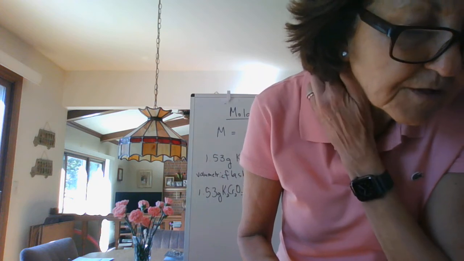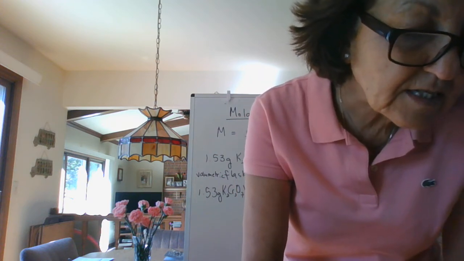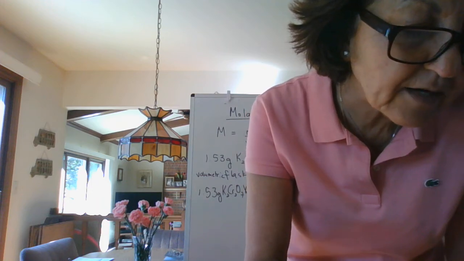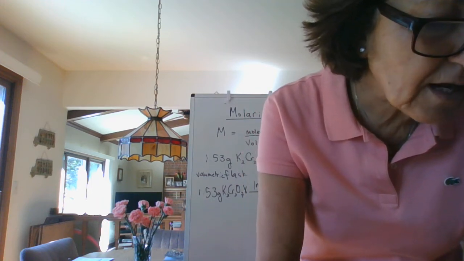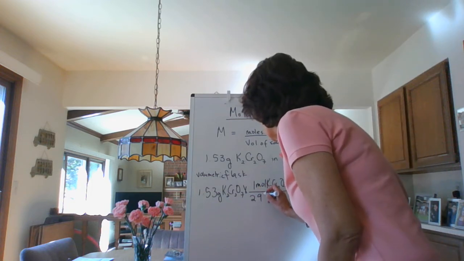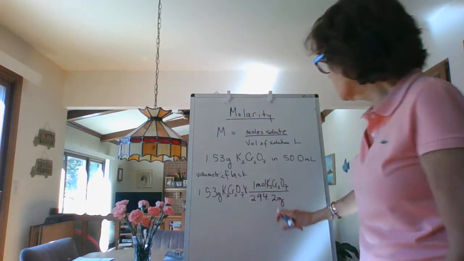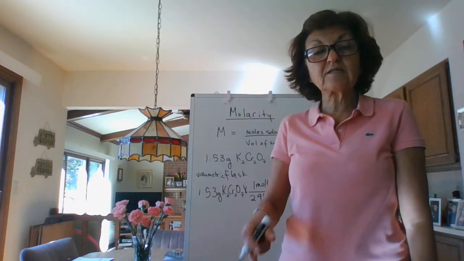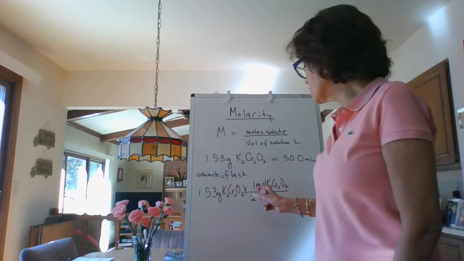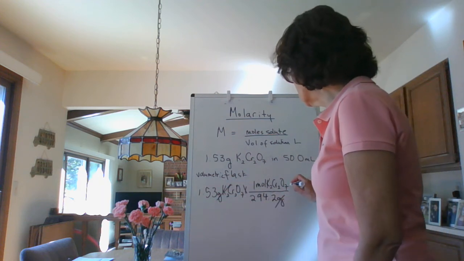Chromium is around 52, multiply that by 2. Oxygen is 16, and you have 7 of them. Add it all up, you get 294.2 grams. So 1 mole of potassium dichromate weighs 294 grams. All right, that way this cancels.